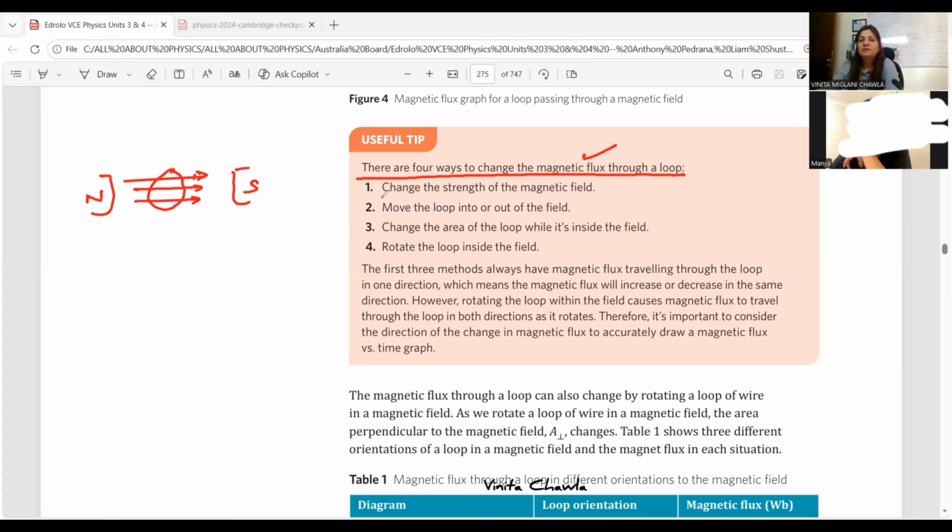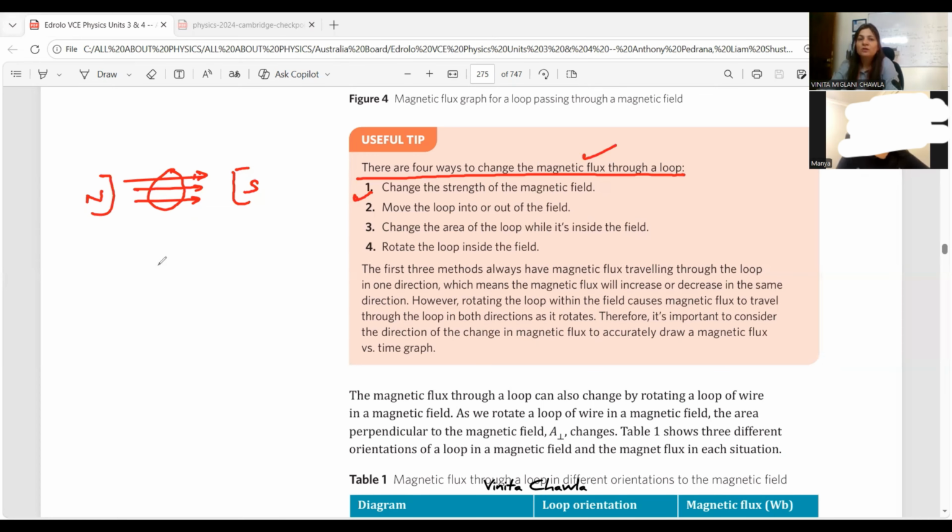First is by changing the strength of the magnetic field. Because if we have a weak magnetic field, then fewer lines will be there. Field lines, what are field lines? Field lines are imaginary lines. And what do they tell us? The density of field lines tells us about the strength of magnetic field intensity at any point, right?